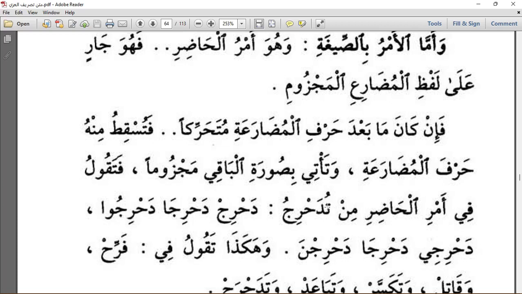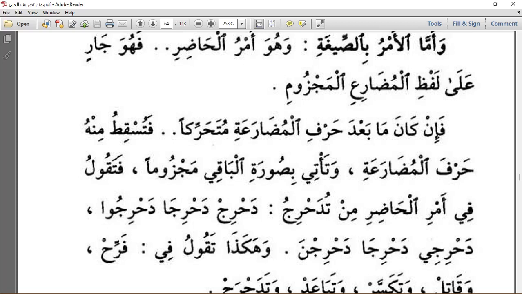So fatakulu fi amri al-hadir min tudahriju. So this is an example. Tudahriju, we have dahrij, dahrija, dahriju. So what did they do? They just remove the harful mudara, then give the last letter sukun, dahrij. Then tudahrijani will become dahrija, because we are going to remove two things, harfu mudara and the nun that ends tudahrijani.